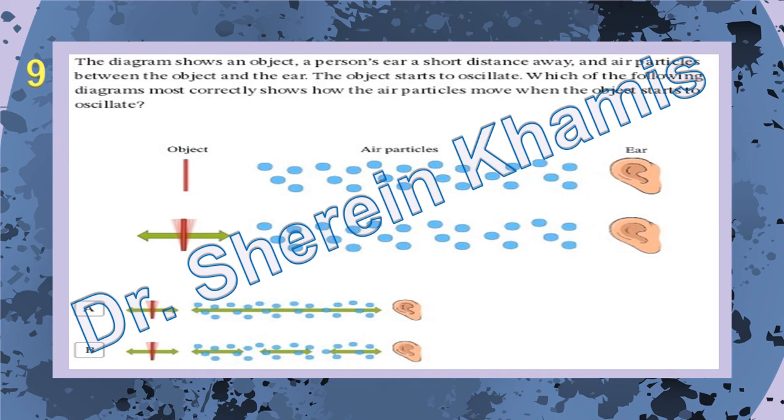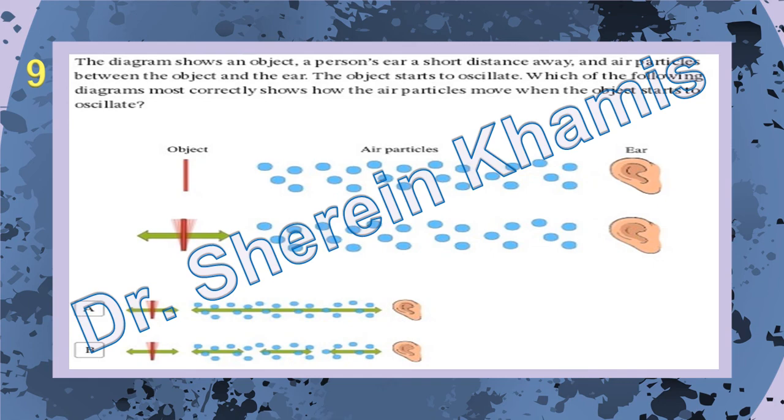In the case of no motion, the air particles are regular, but when the object vibrates, the medium particles vibrate. So how can we express that the body makes vibration?